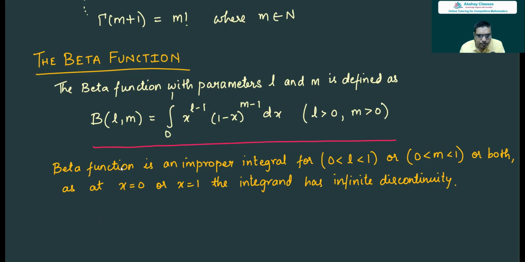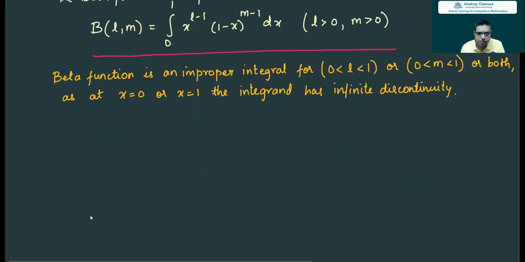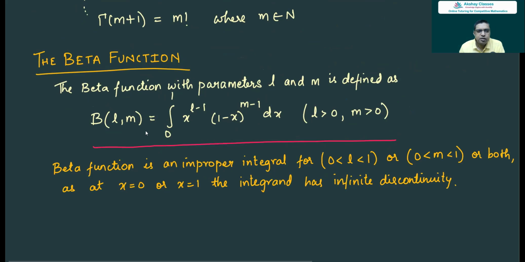All right. But the beta function is also convergent. Although this is true, the beta integral is also convergent.